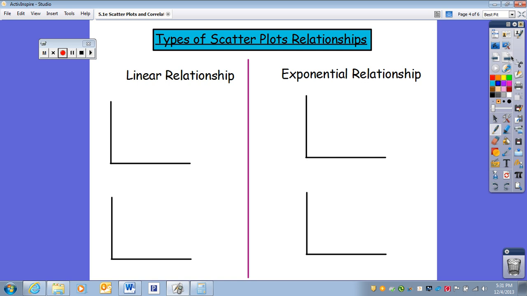Let's take a look at some examples and relationships. First, linear relationships. Remember that with linear, we are referring to the slope of the line. If the data in the scatter plot has a positive relationship, a positive correlation, it would look something like this, because the line of best fit drawn through that data would be going up to the right.